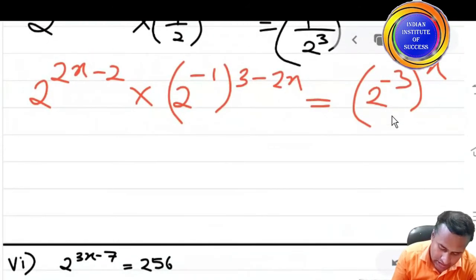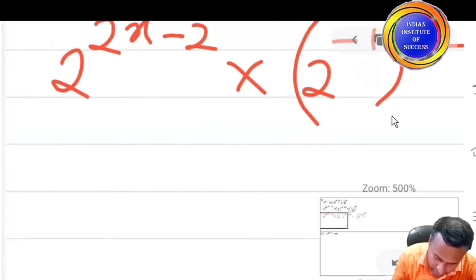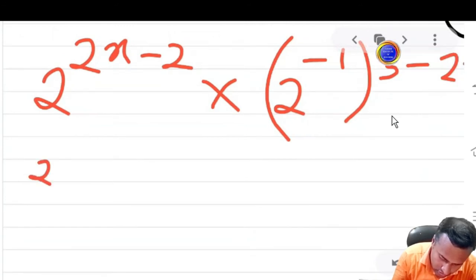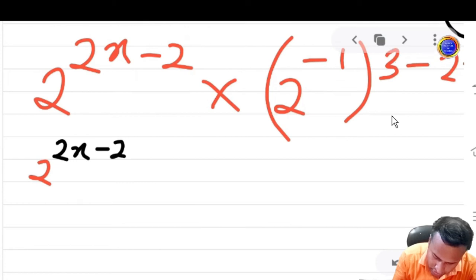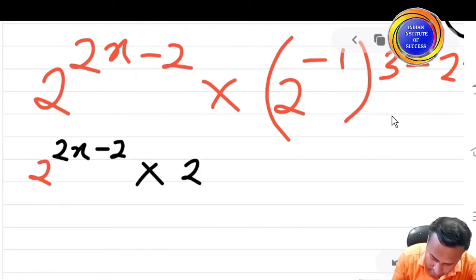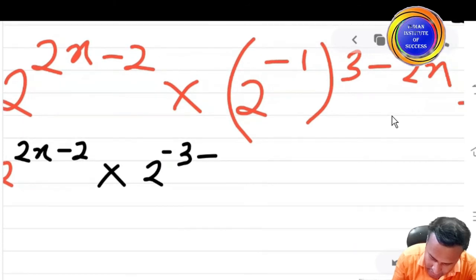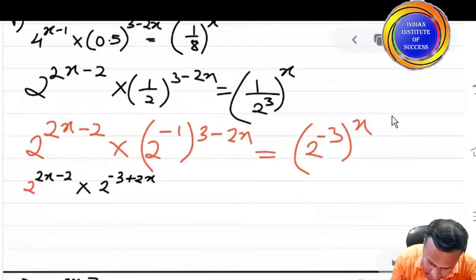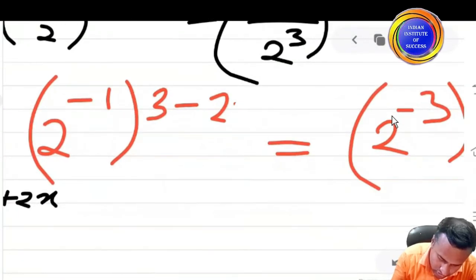Now bases are same. First we have to open the bracket here. So we are moving to the fact about this. 2x minus 2 into 2x minus 3, 2 raised to power minus 3 plus 2x. It is 2x, okay. So we have to give attention to this.